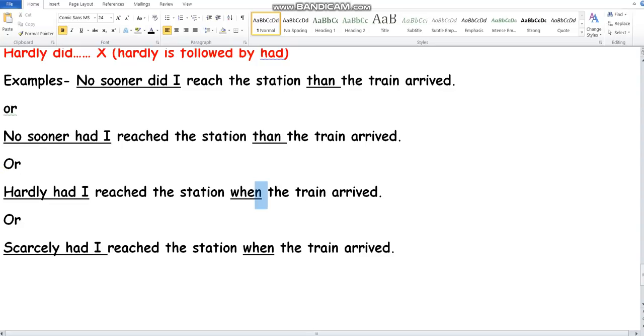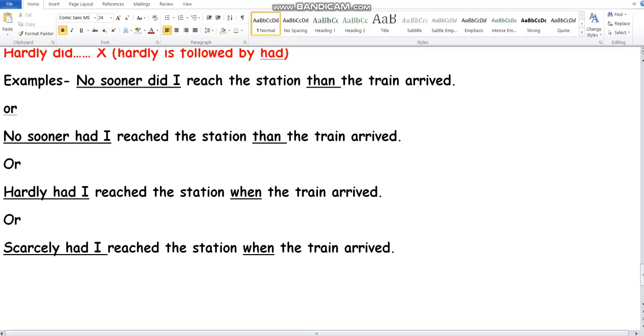If you do not write when with hardly, and if you do not write than with no sooner, your answer will be wrong. Please keep this in your mind. Then, scarcely had I reached the station when the train arrived. I hope you've understood. And the word order in no sooner and hardly is inverted. If you do not follow this, your sentence will be incorrect. So, no sooner did I, hardly had I.